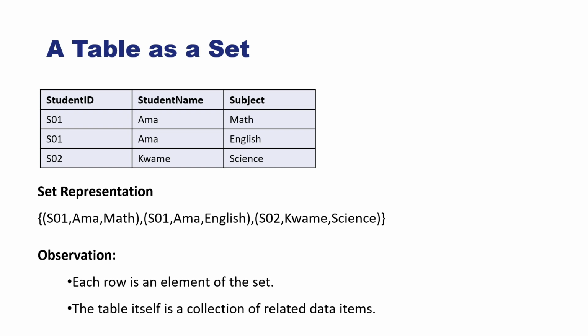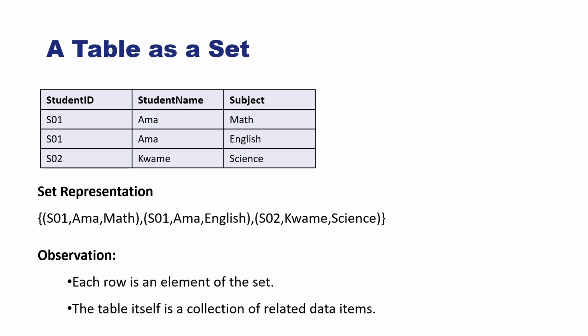So here we have the student ID S01, whose name is Ama, studying maths in the first row, in one set. And then when we move to the second row, we have the same student, however, reading English. And then we come to a second student, that's Kwame, reading another subject, right?